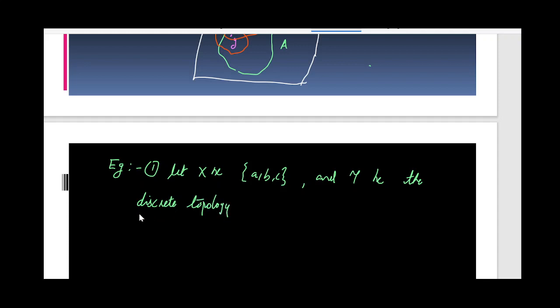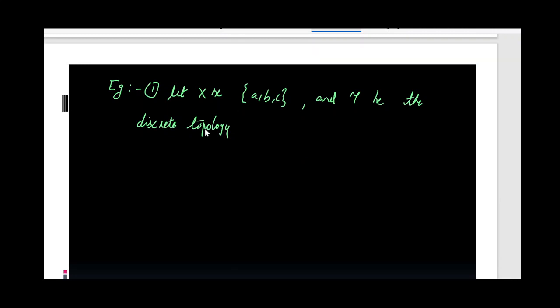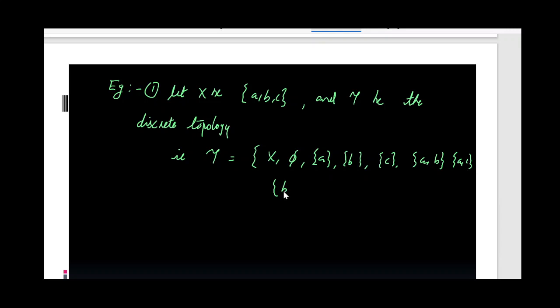Discrete topology, another name is power set topology. So this topology contains all the subsets of X, that is, tau is equal to: X is there, empty set is there, singleton {a}, singleton {b}, {c}, then {a,b}, then {a,c}, then {b,c}. Everything, 1, 2, 3, 4, 5, 6, 7, 8. These are the elements of the topology.